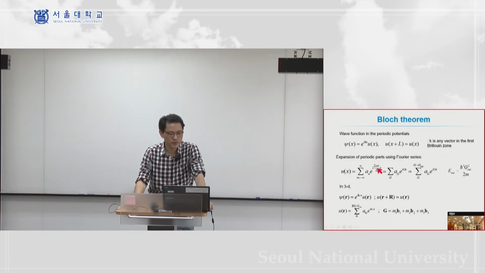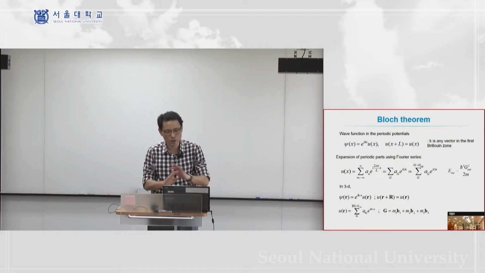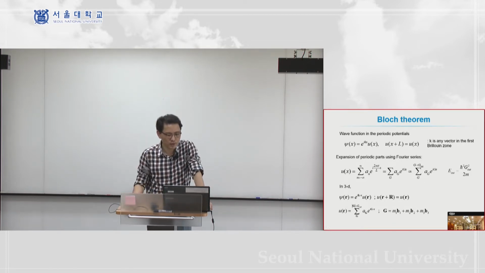The wave vectors appearing in this Fourier series are exactly those points in the reciprocal space. This is not a coincidence, but is general for any periodic system.